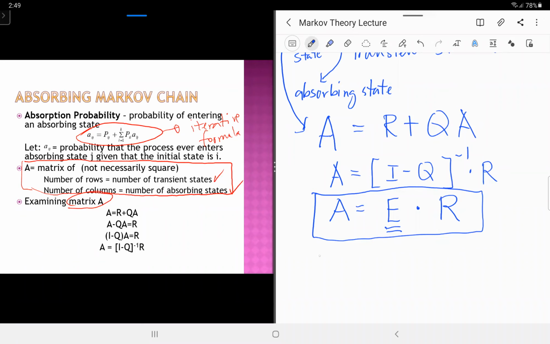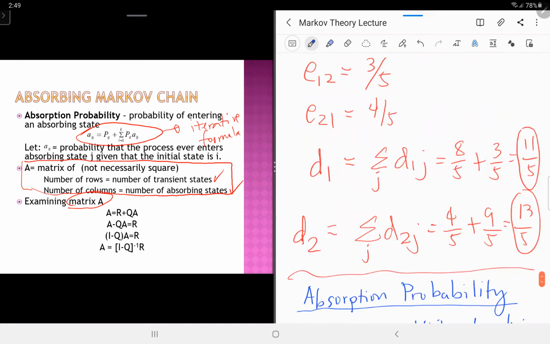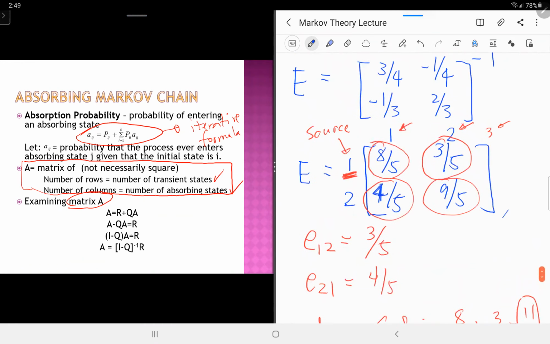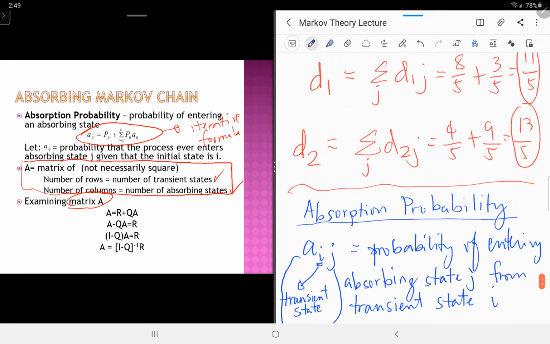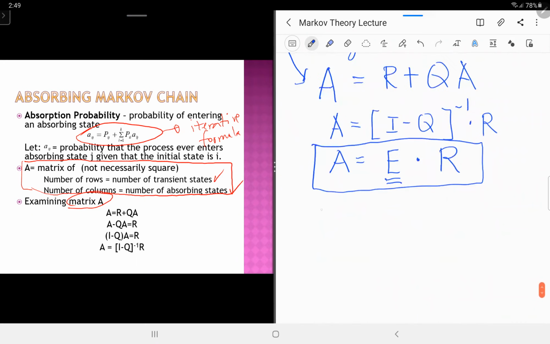Okay, so now if we continue the calculation, we had matrix E earlier. Let's try to see. This is your matrix E. Okay, let's just copy that. A is equal to, your matrix E is equal to 8 over 5, and then 3 over 5.